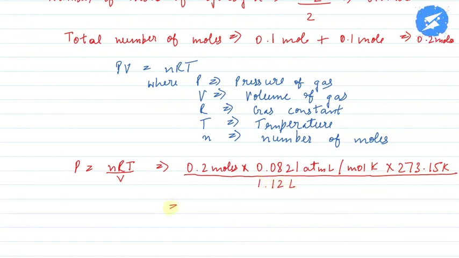So the answer comes out to be 4 atmosphere. Hence, total pressure of the gaseous mixture will be 4 atm.